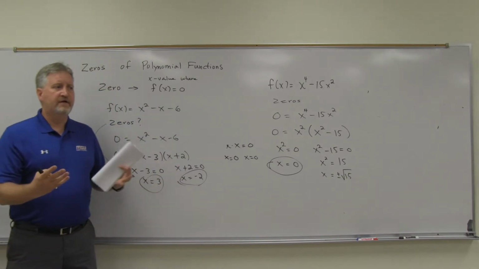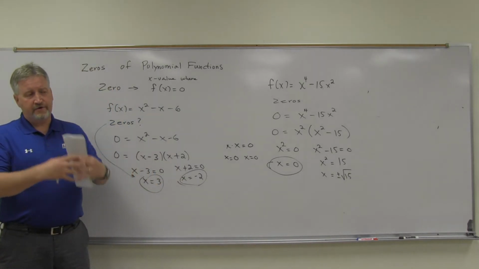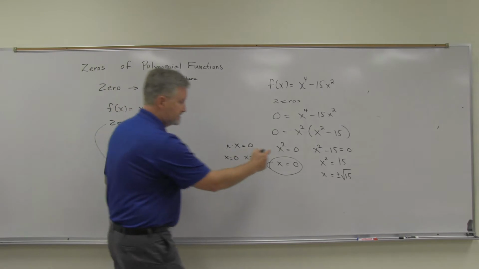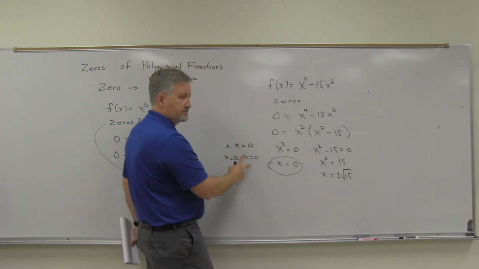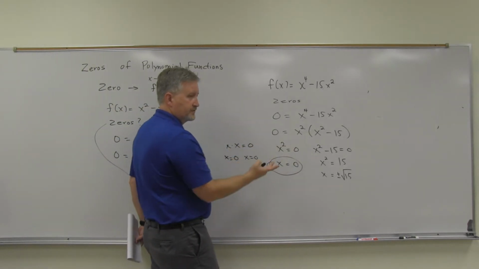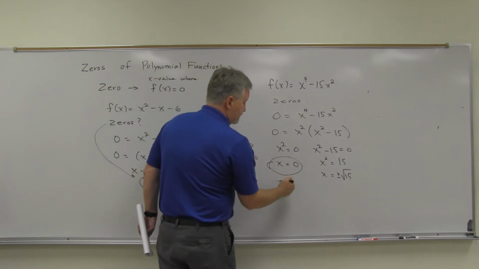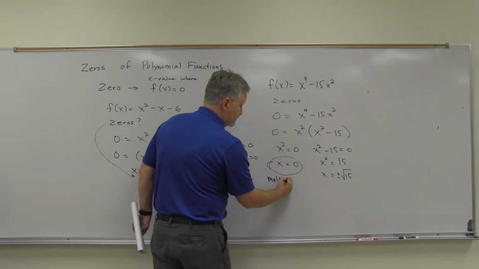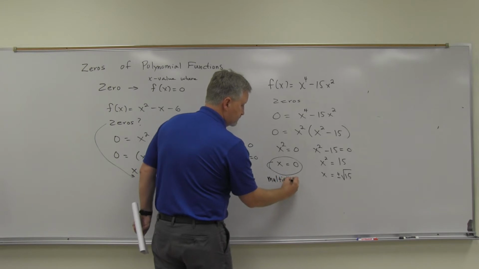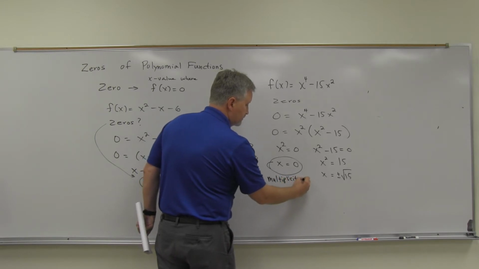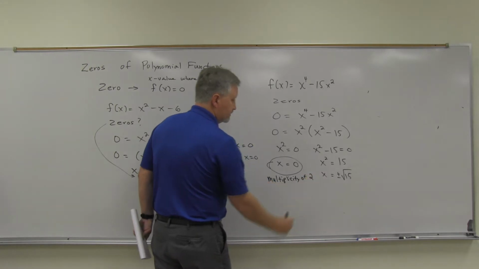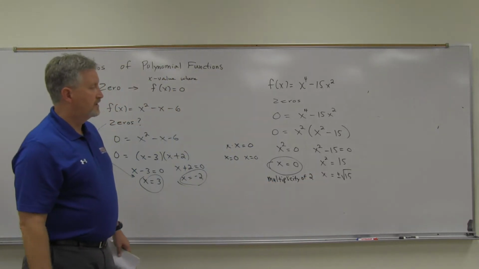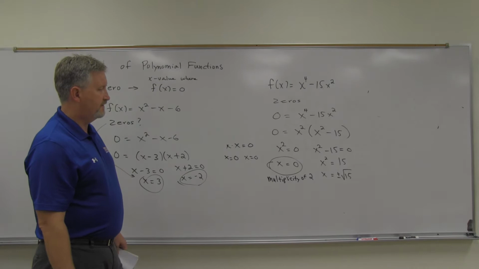That's called a multiplicity. Because it occurs twice, you've got x squared equals 0, so this one has a multiplicity of 2.